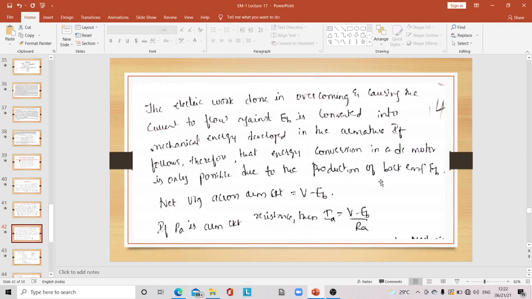It follows therefore that energy conversion in a DC motor is only possible due to the production of EB. Net voltage across the armature circuit is V minus EB, and if RA is the armature circuit resistance, then IA will be equal to V minus EB by RA.